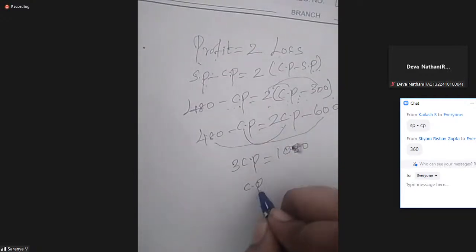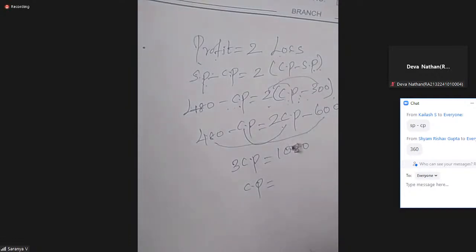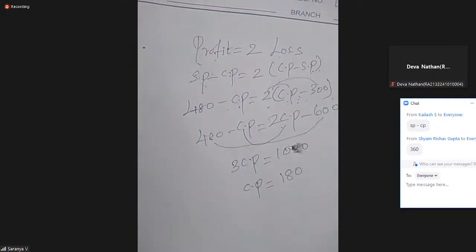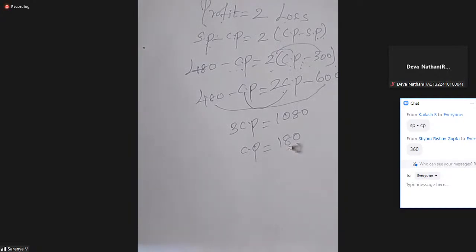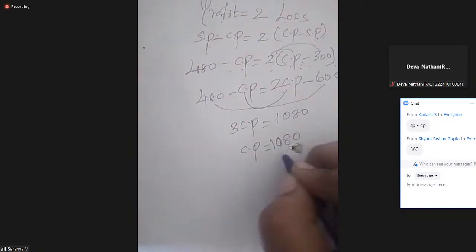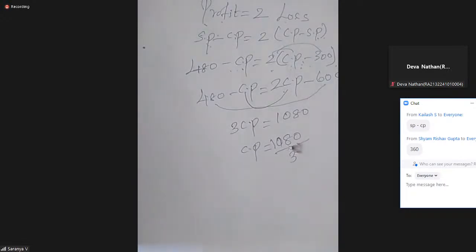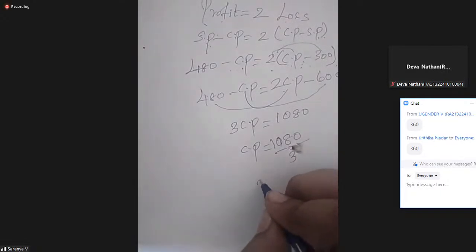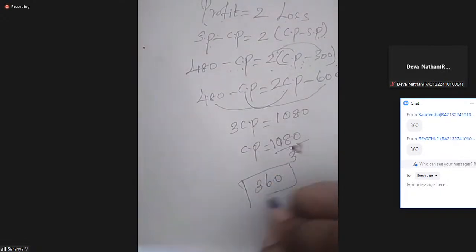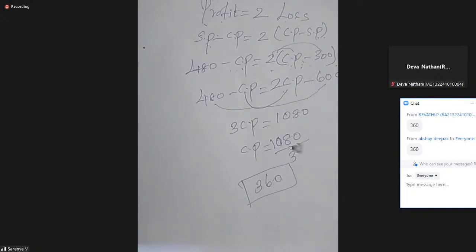So what is the cost price? 1080 divided by 3. Yes, sure, right. Right, right, obviously right. So the cost price is 360 rupees. Cost price of the article is 360 rupees.